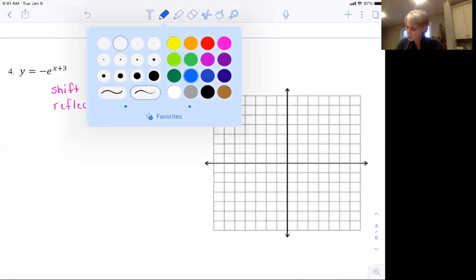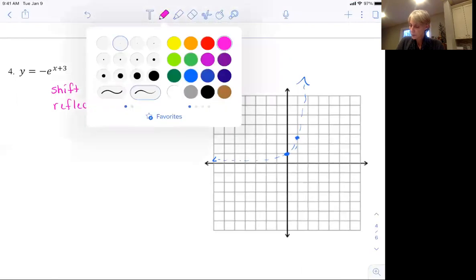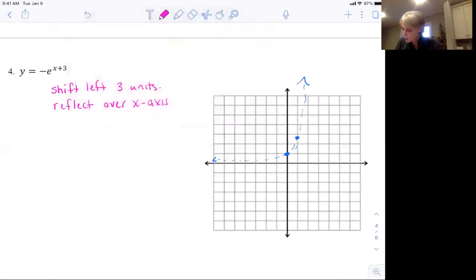Start with your basic curve. Shift left 3, 1, 2, 3. Reflect over the x-axis. And there's my new curve.